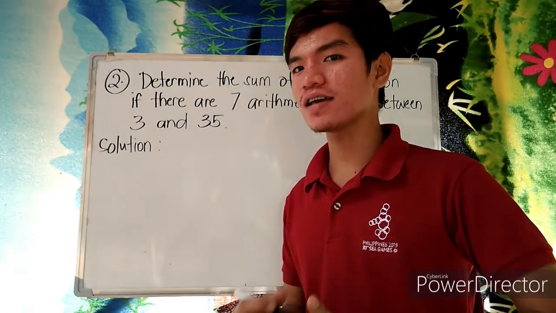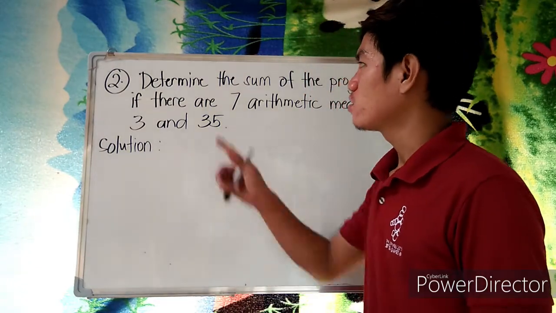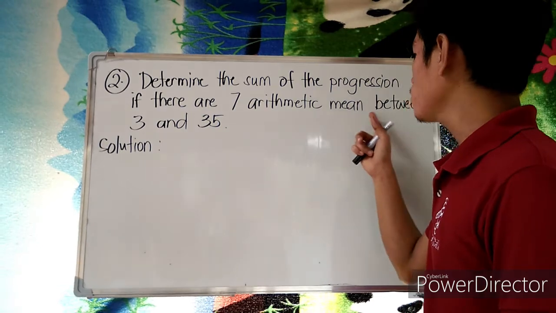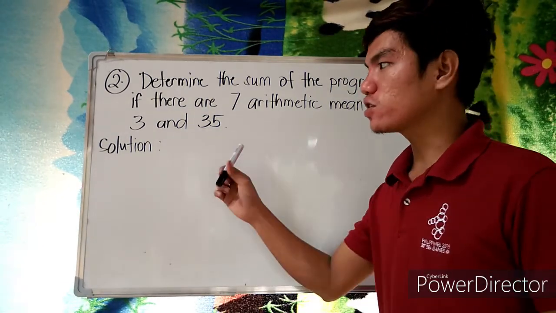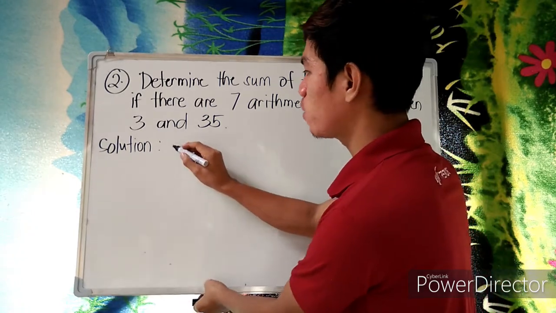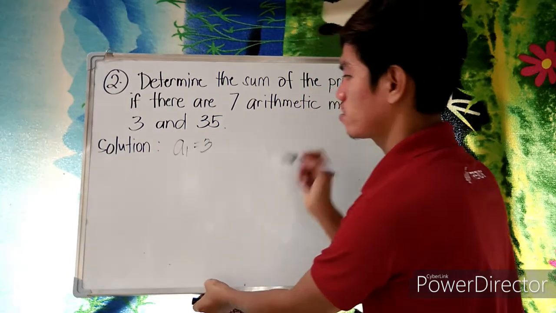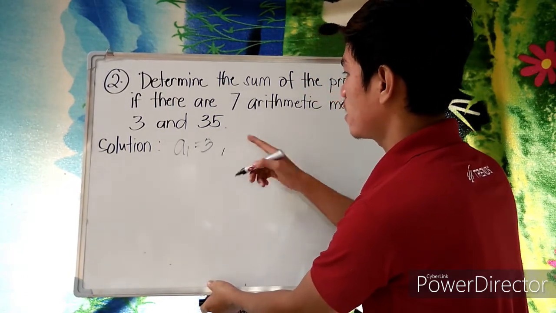So, proceed naman tayo sa next example, which is yung about sa sum. Determine the sum of the progression if there are 7 arithmetic means between 3 and 35. So, meron daw tayong arithmetic progression, and then we have a sub 1, which is 3, and yung a sub n natin is 35.